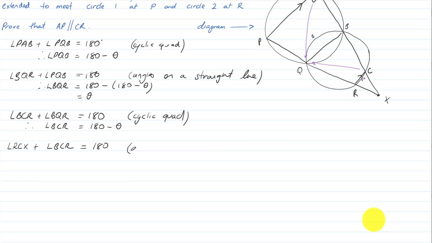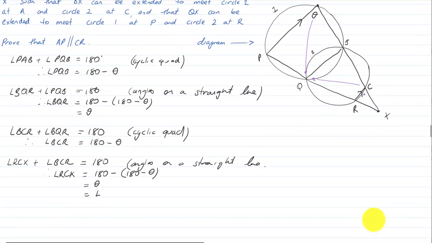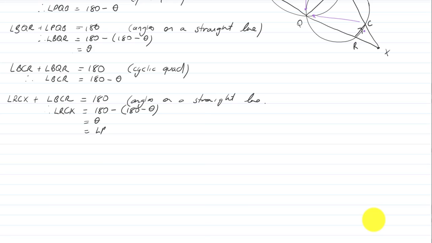And these are angles on a straight line. And therefore, angle RCX is equal to 180 minus 180 minus theta, which is equal to theta. And that's equal to angle XAP, or I'm going to use BAP because that's what I used before, BAP, and therefore AP is parallel to CR due to corresponding angles.